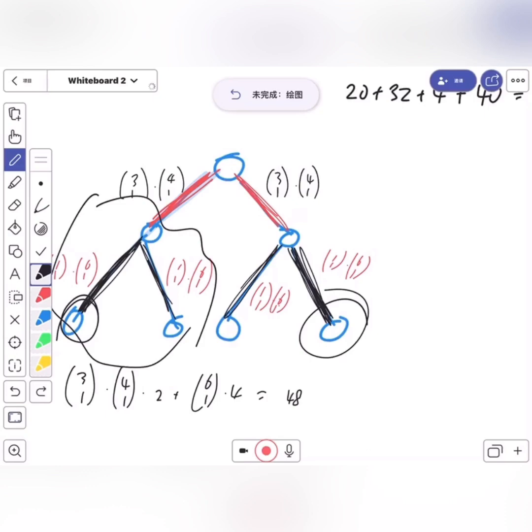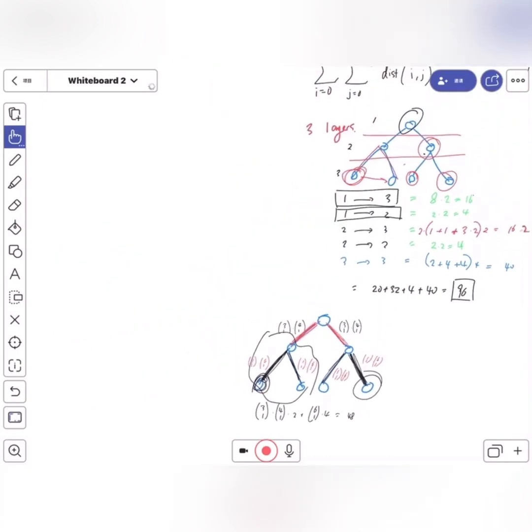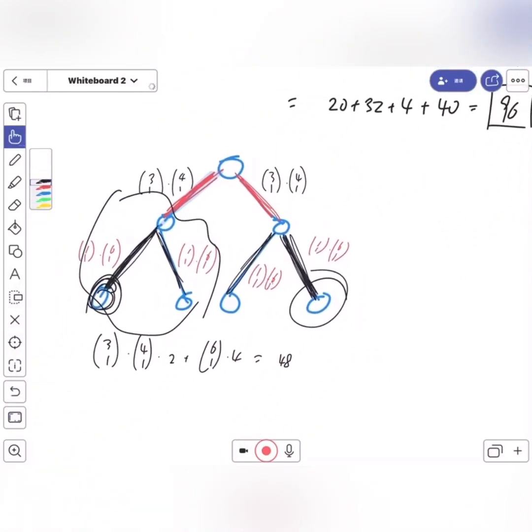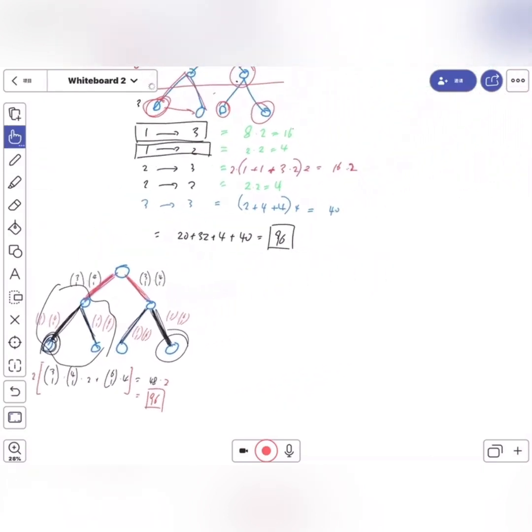Then we only consider when we go from A to B, but we did not consider when it's from B to A. However, from the problem statement, ij and ji can be swapped and they still have to be added. So therefore, we have to multiply this entire thing by 2. This will give us 96.